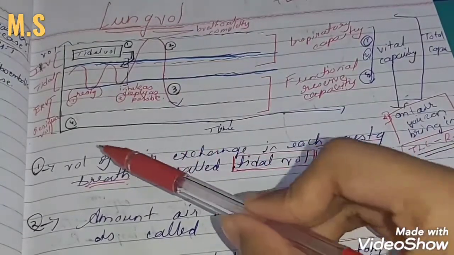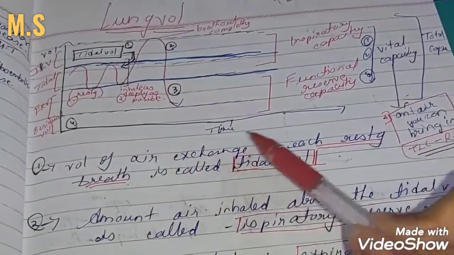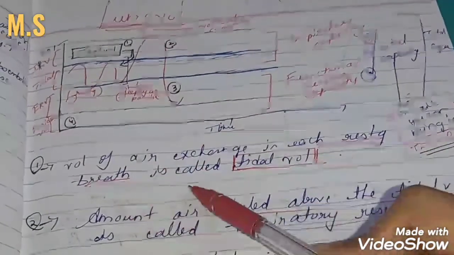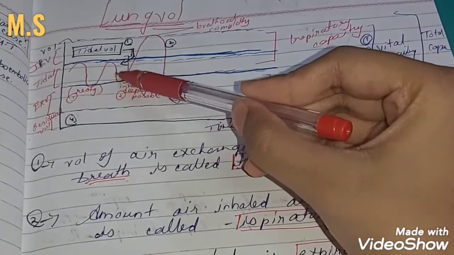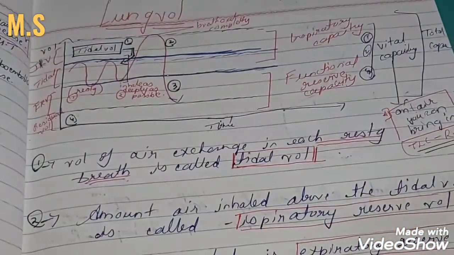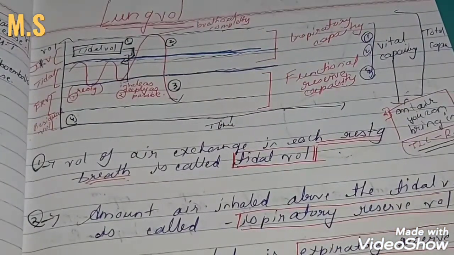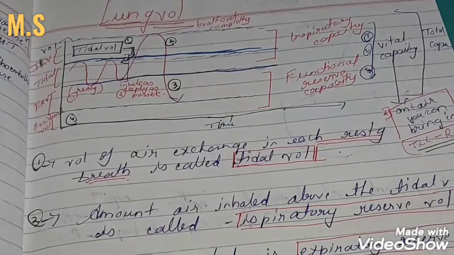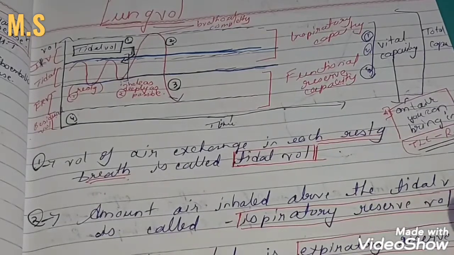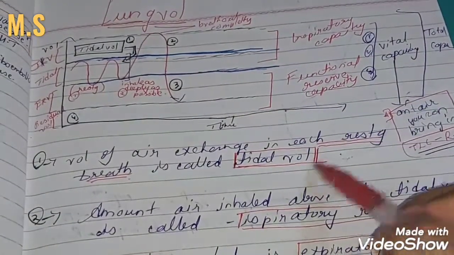The volume of air exchanged in each resting breath is called tidal volume, which is this one. Like the normal breathing process which we do during rest, when we are sitting and inhaling, exhaling, that amount of volume is known as tidal volume.